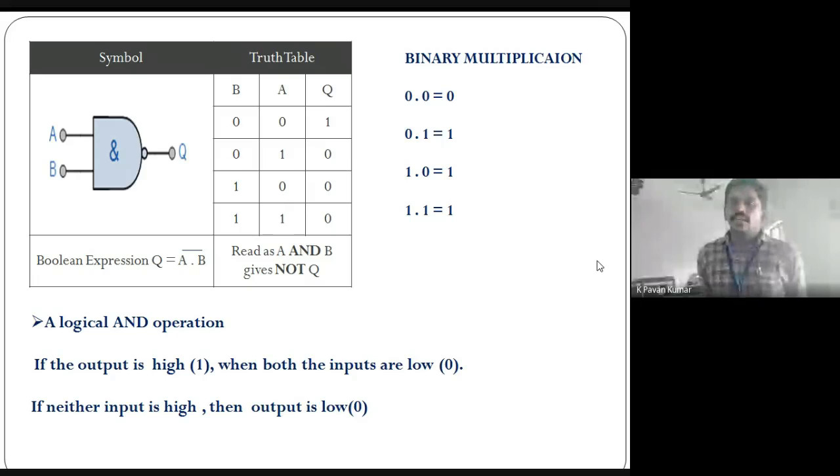Like this, there are four conditions for NAND operation depending upon the binary multiplication, a logical AND operation. The output Q is high, that means 1, when both inputs are low. If neither input is high, then the output is low. This is the NAND logic.